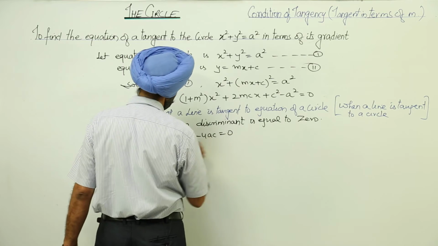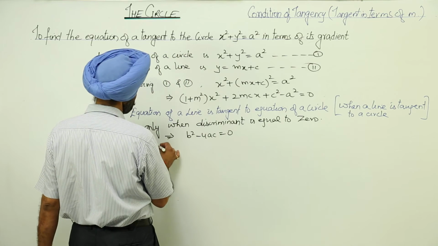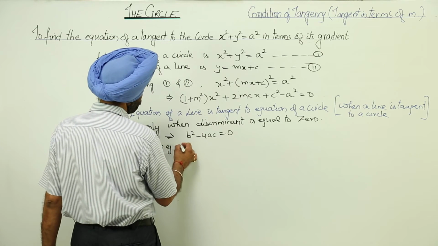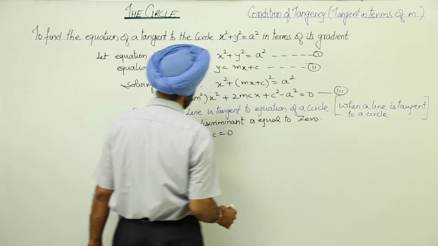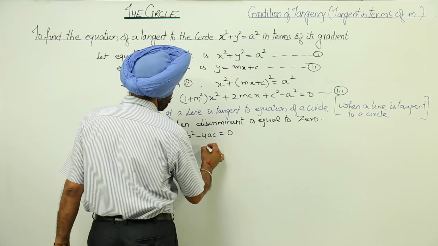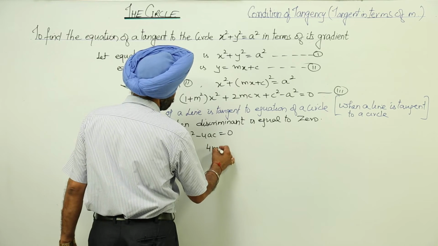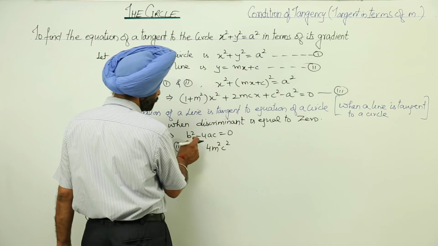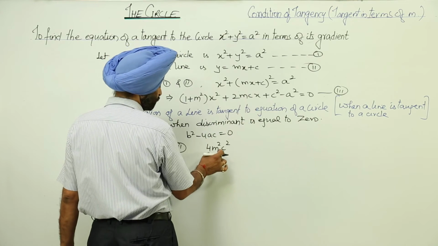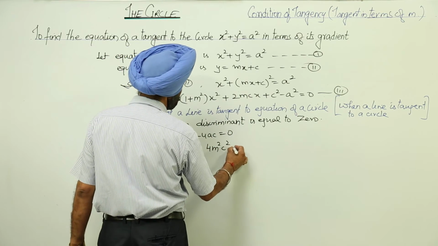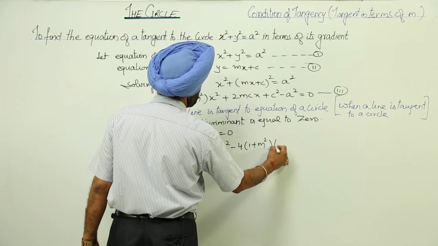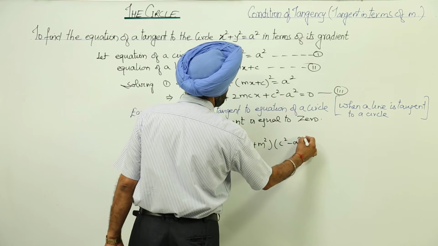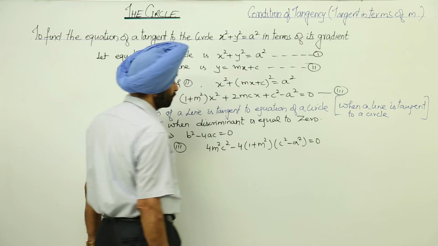Now, from equation 3, putting b square, it is 2mc, 4m square c square minus 4 times (1 plus m square) with (c square minus a square) is equal to 0.